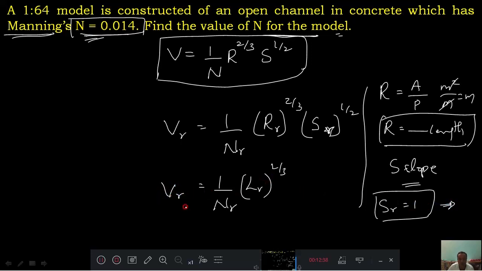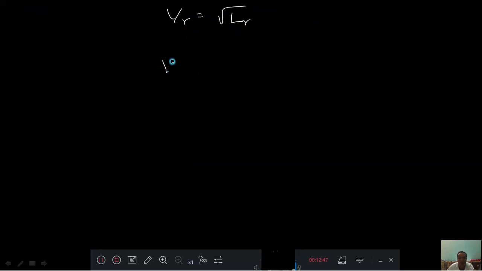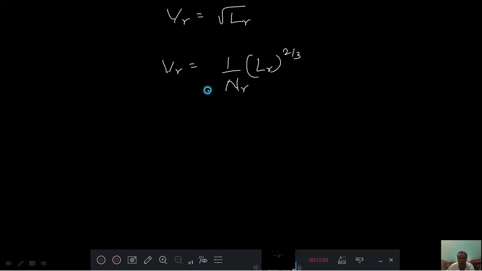Then I got VR is equal to this much. Then what is VR? VR is root LR. Okay, now that we know, we will substitute here. VR is equal to 1 by NR into LR raised to 2 by 3. This is root LR, which means LR raised to 1 by 2 is equal to 1 by NR into LR raised to 2 by 3. Then NR will come here.